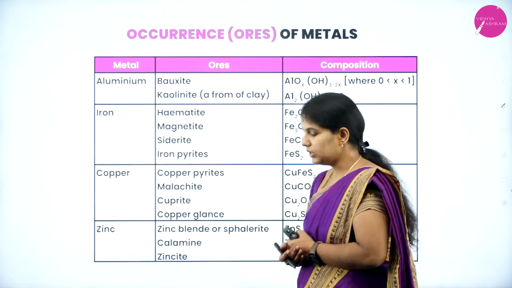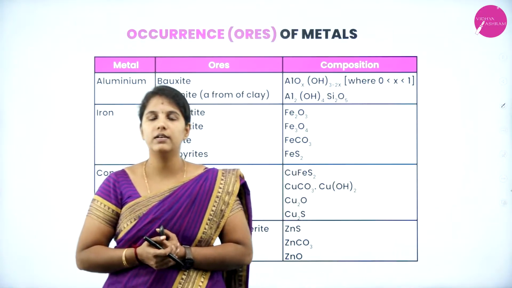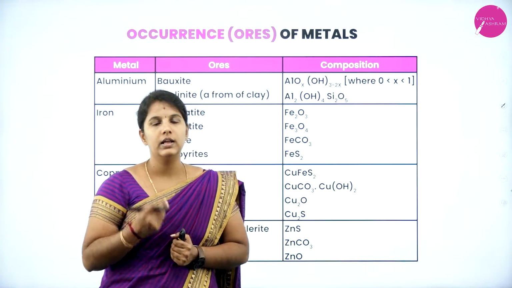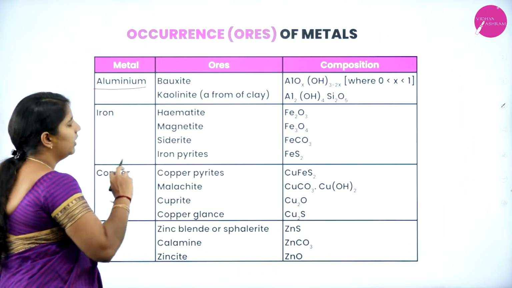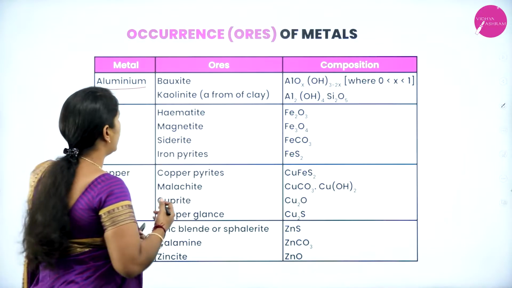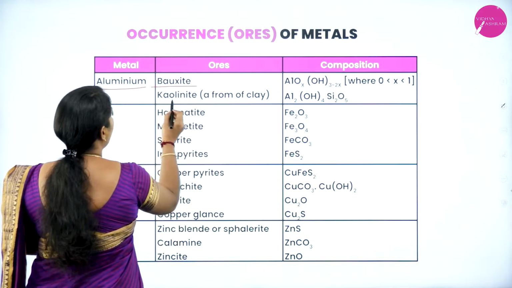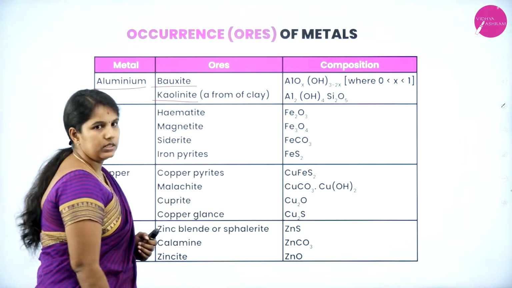Let us understand. Here I have listed four important metals. First one is aluminium. The ores for aluminium are bauxite and kaolinite.